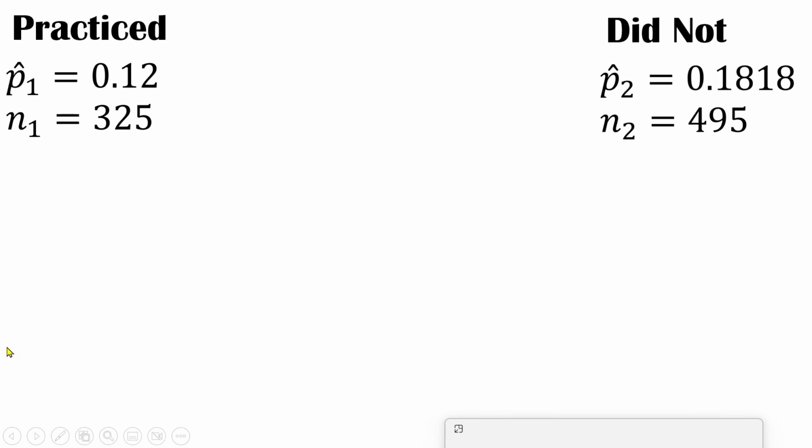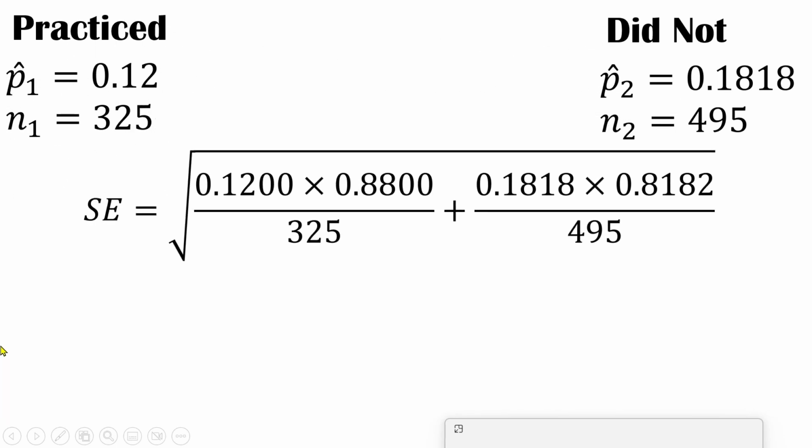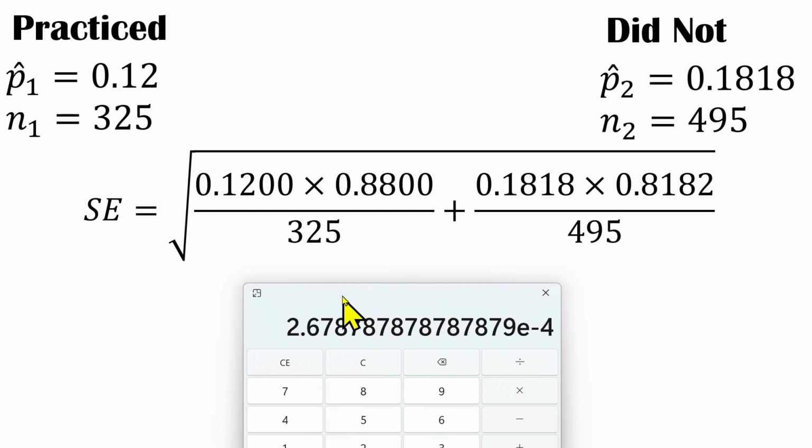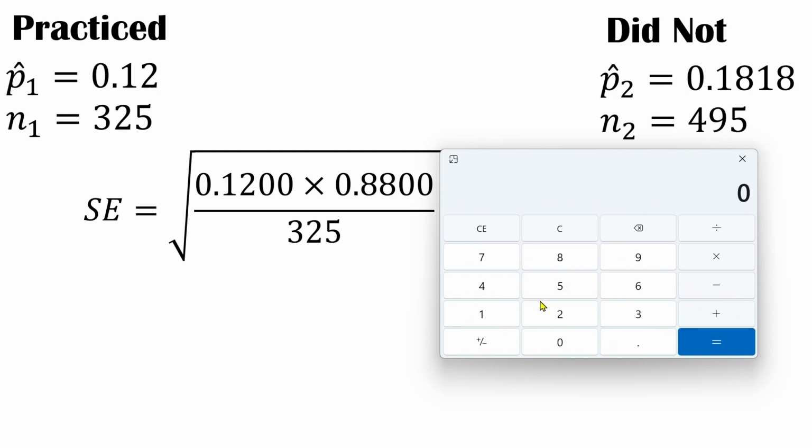So pulling up our numbers, we plug those in and we go ahead and do the calculation. Here, let me check to see once more if we have an issue with scientific notation. So let's just do both of them this time. The first fraction is 0.12 times 0.88 divided by the sample size, 325.